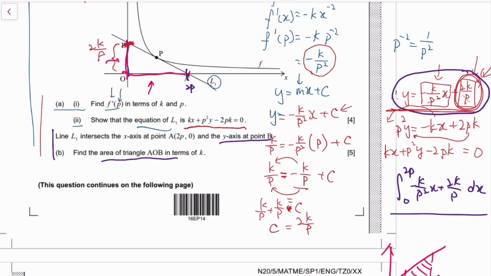So the height here must also be 2k over p. Therefore, the area is base 2p times the height divided by 2. So the p and p cancel out. So when you multiply the top, it's 4k over 2, so it's 2k. So the area of this triangle is 2k, okay?